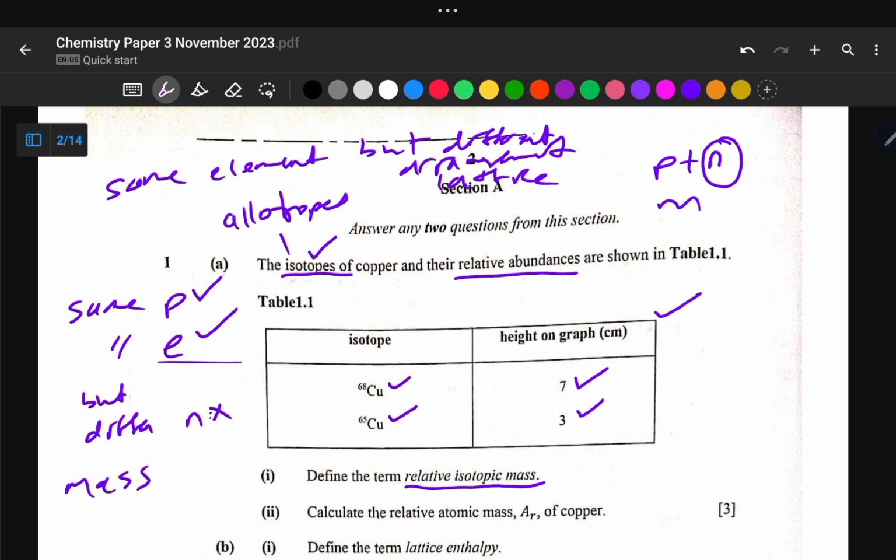Examples of allotropes, we've got carbon and graphite. These are more common examples of allotropes. We also have oxygen and ozone. You need to take note of that. We have also got graphene, and Buckminsterfullerene. These are other examples of allotropes for carbon, but graphite and diamond are the more common ones.